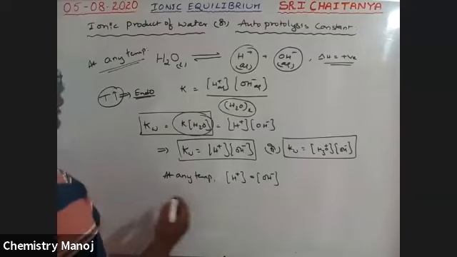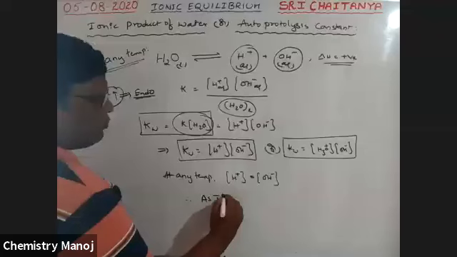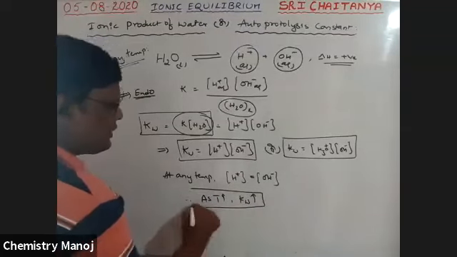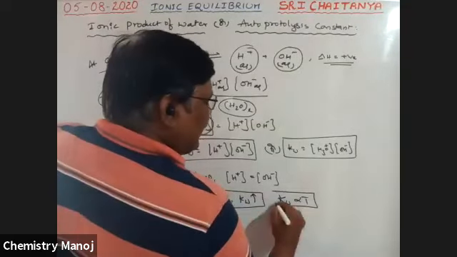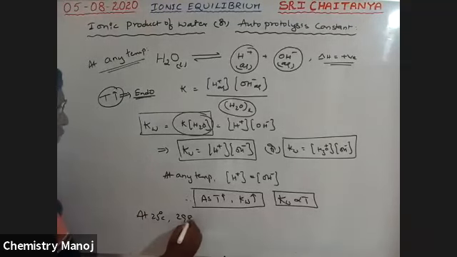Therefore, as temperature increases, the ionic product of water also increases. Kw is directly proportional to temperature. See boys, this is the constant value at 25 degrees centigrade, that is 298 Kelvin.